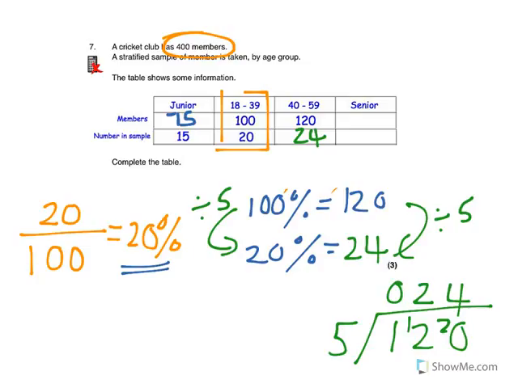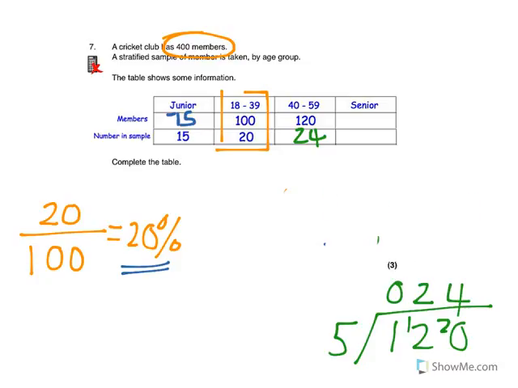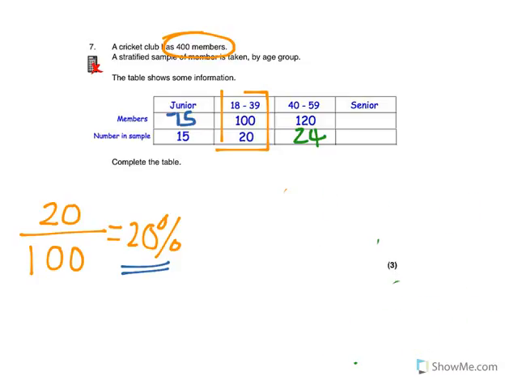Now, what I need to find next is how many members were actually in the age category of seniors. So, in order to do that, I need to look at that key information that I circled originally. So we said that there was 400 members altogether. Now currently we have 75 juniors, 100 people in the age category of 18 to 39, and 120 in the age category of 40 to 59.